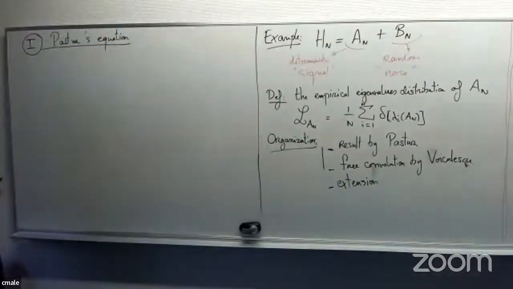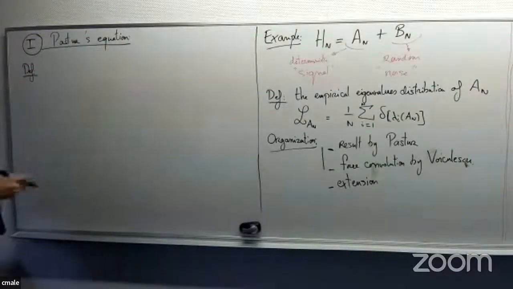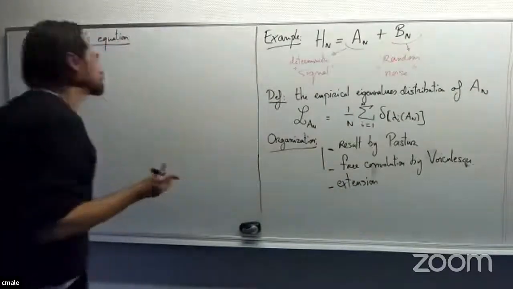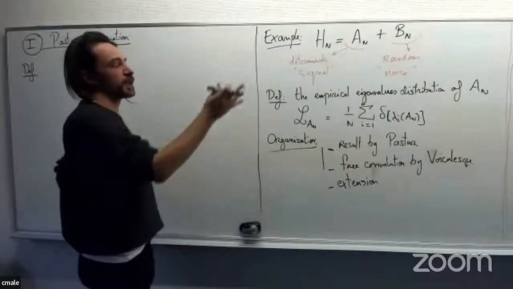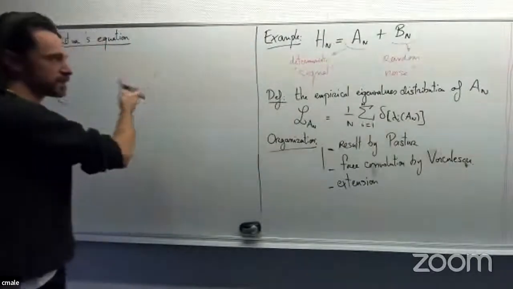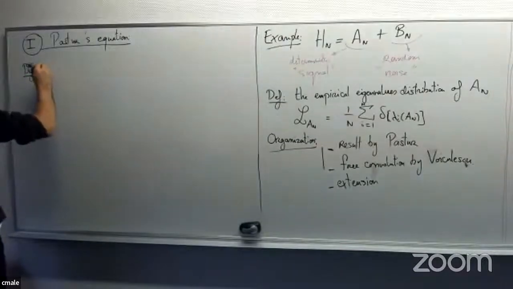So to introduce this equation, I will define the matrix model with independent entries that I want to consider. Because the matrices are Hermitian, when I say independent entries, I will specify something very precise.